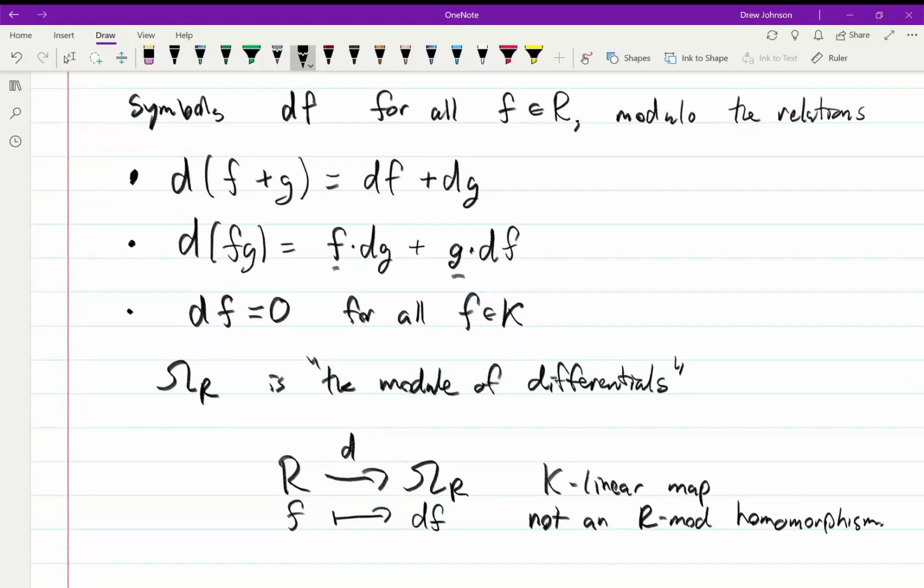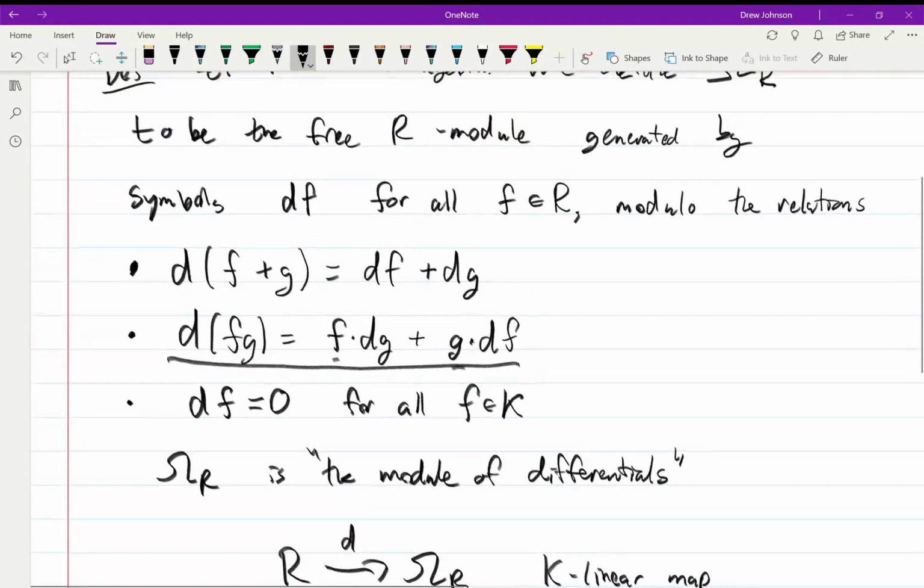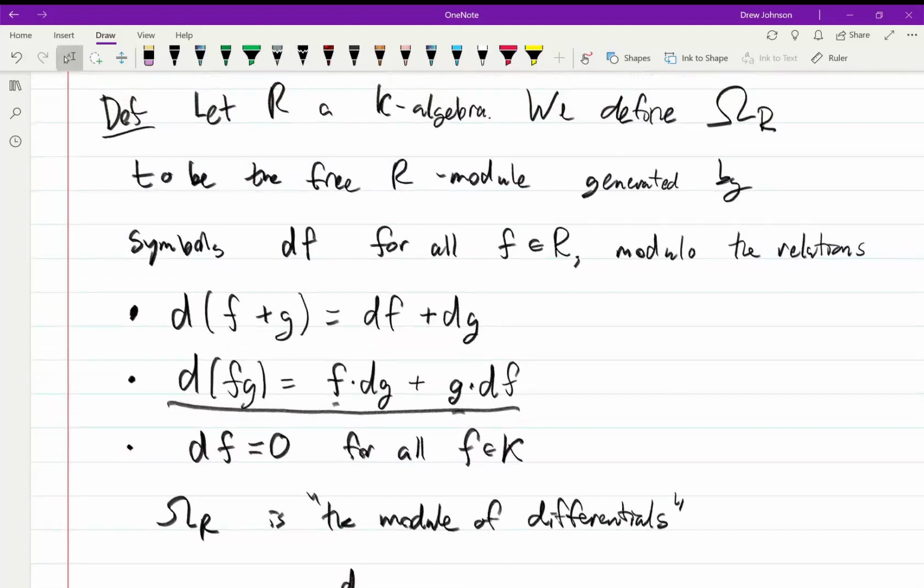Of course it's not a homomorphism because it doesn't respect the products. It obeys rather this product rule instead. That's not what homomorphisms do, but it is k-linear. Okay, so it's just a vector space map. All right, so this is our module of differentials.